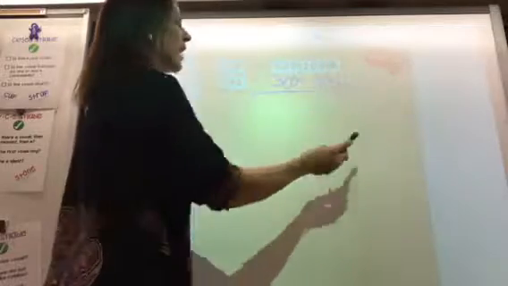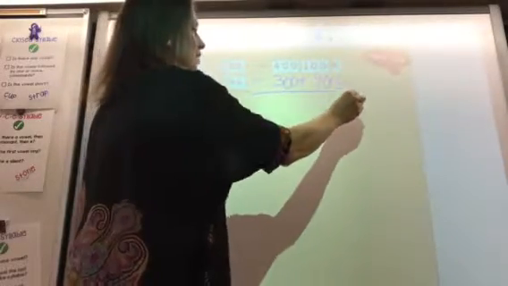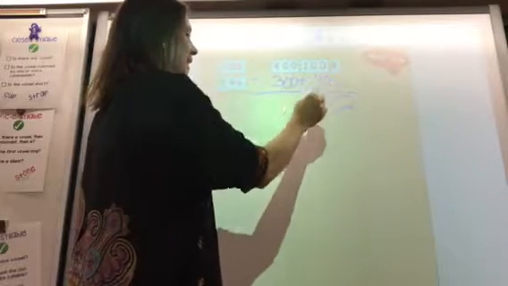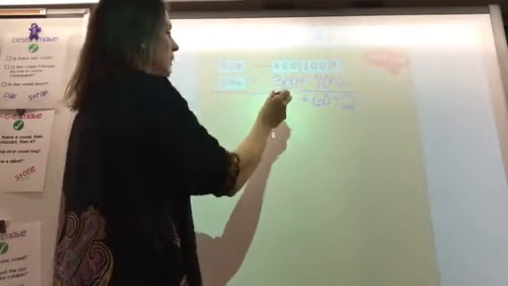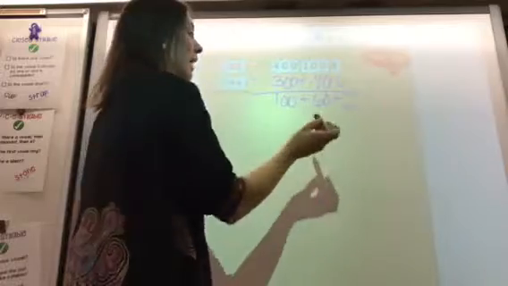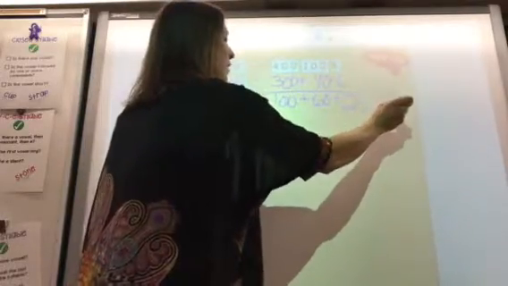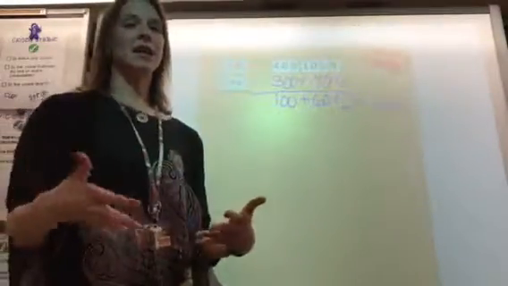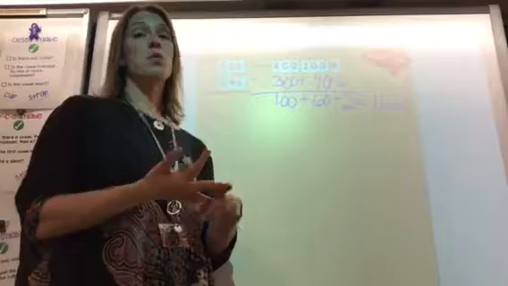Now I can subtract. 8 minus 6 is 2. 100 minus 40 is 60. And 400 minus 300 is 100. When I put it all together, that's 162. Those are several strategies to solve when there's zeros in the tens place or the ones place.